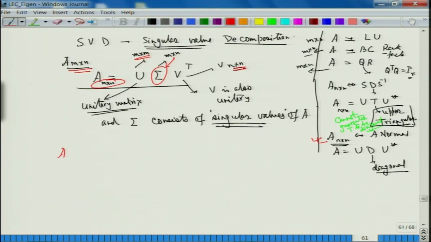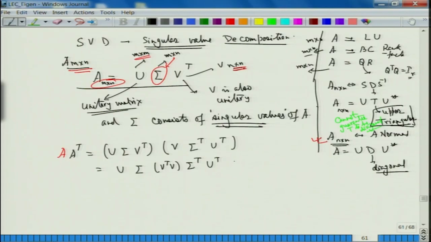So, let us compute what is A times A transpose. A times A transpose is nothing but, we want to write U sigma V transpose. This is your A. A transpose will be the transpose of this, so it will be V sigma transpose U transpose. All right. Look at it nicely: A A transpose will be equal to U sigma V transpose V sigma transpose U transpose.